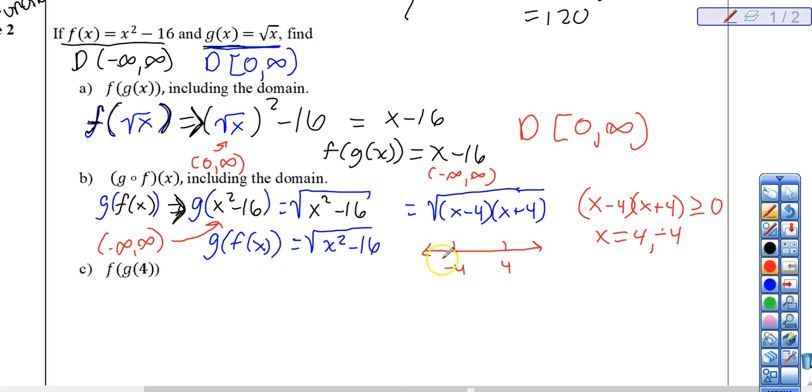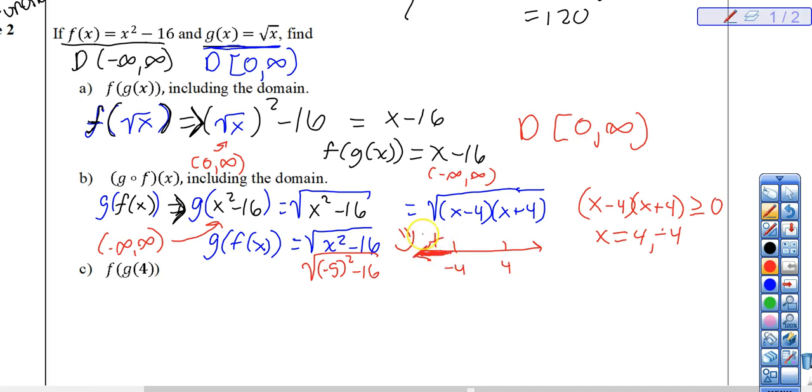Let's plug in a -5. Right here. What's -5 squared? What's 25 minus 16? Positive or negative? It's all I care about. Okay. So, yep. I want that section of my domain. That's good.